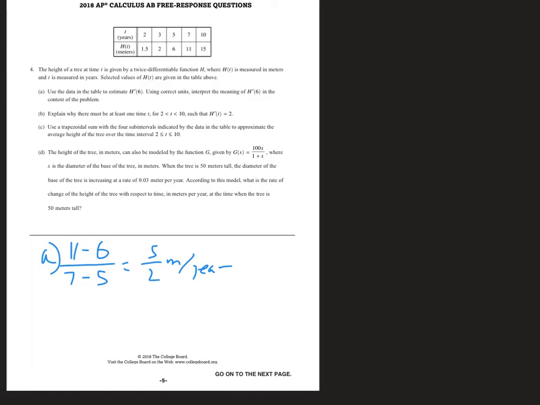It says to interpret h prime of 6, not our estimation of h prime of 6. So just interpret what h prime of 6 would mean.